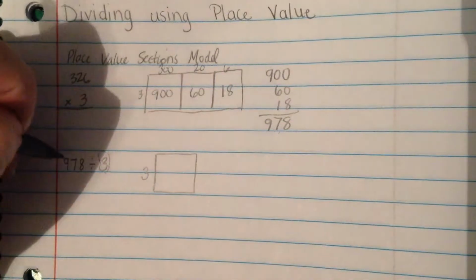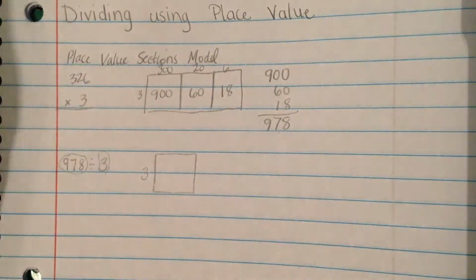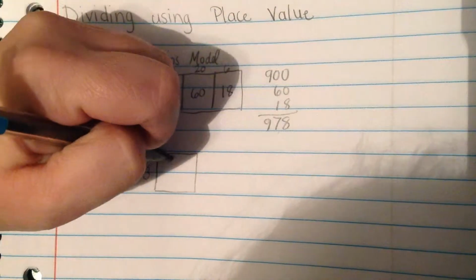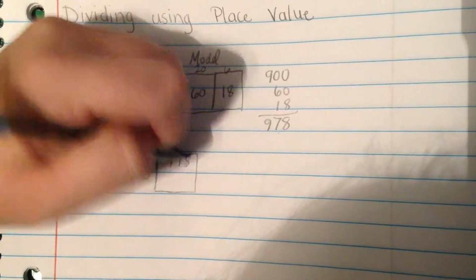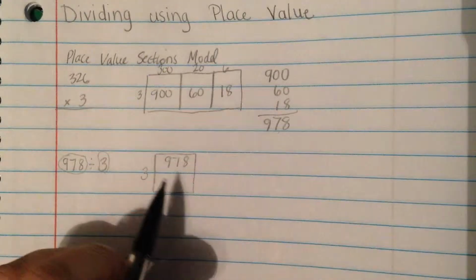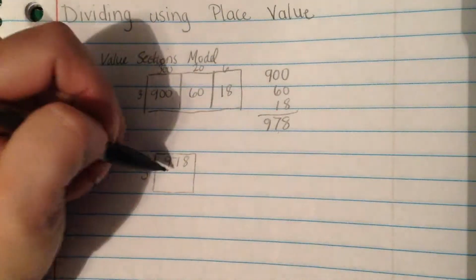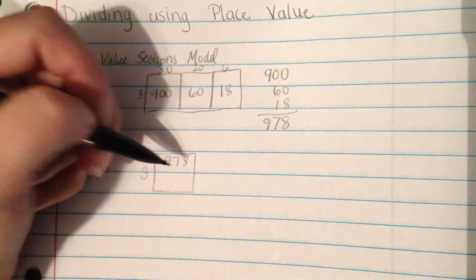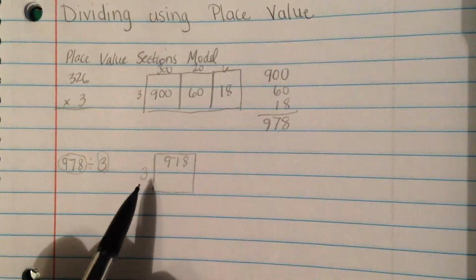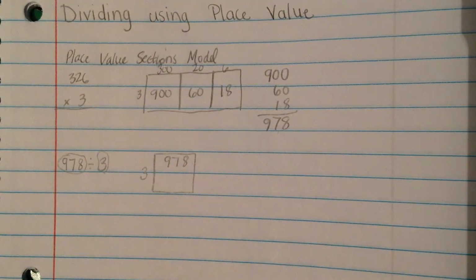However, my dividend is going to go inside the box and along the top. I will be writing another number underneath of this, so I want to make sure that I write my number along the top of the box. Okay. So now I'm actually doing my 978 divided by 3.